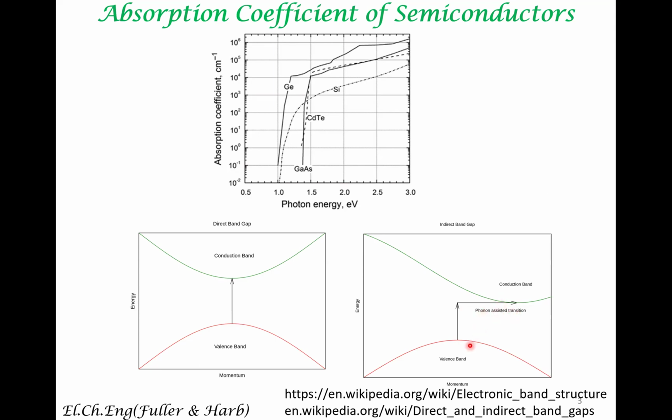The transition of an electron from the valence band to the conduction band has to be assisted by the lattice. This is what we mean by phonon-assisted transition. If this is not clear, again, at least look at this link. You need not understand the details. All you need to know is that because of this constraint, the absorption of an indirect band gap semiconductor is lesser.